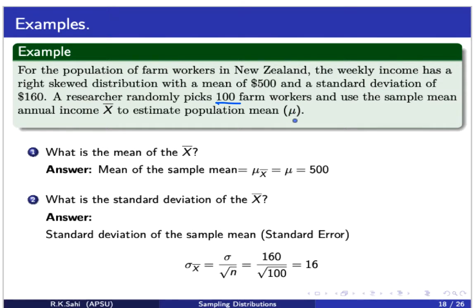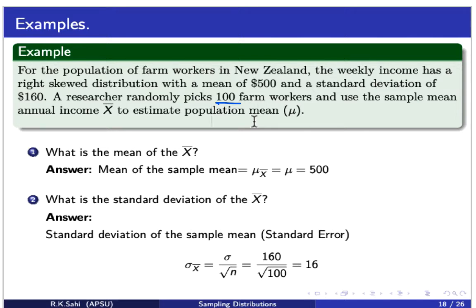So remember, the central limit theorem says that no matter what the distribution is, if you have a large sample size, then the sample mean behaves more and more like a normal random variable.